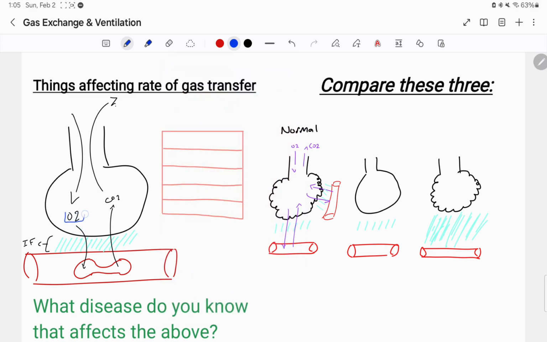You just have to look at the pathway that this gas has to go through. All right. So the first thing that this gas, let's take oxygen, is going to have to do is go through the alveolar membrane, okay? Alrighty, what else?